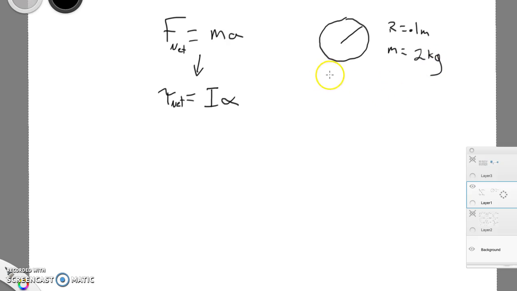The question is, how much torque would be needed to accelerate it at a rate of 2 radians per second squared? Given all this, the net torque will be equal to I times alpha. We know alpha is 2. We need to find our I value, our moment of inertia.